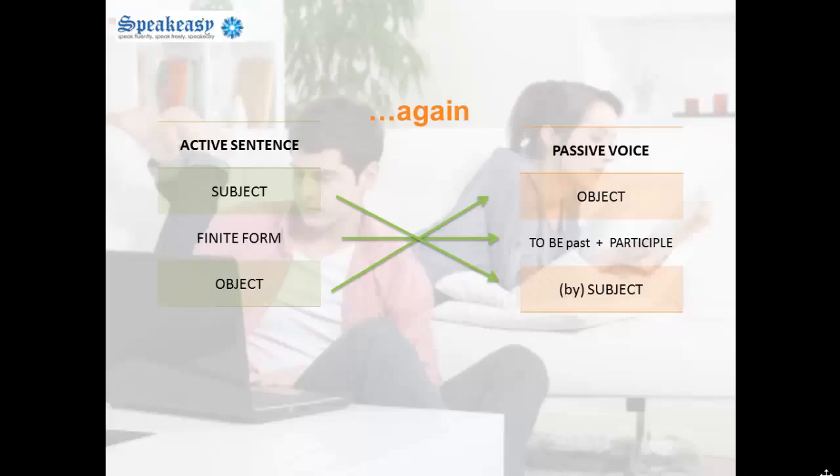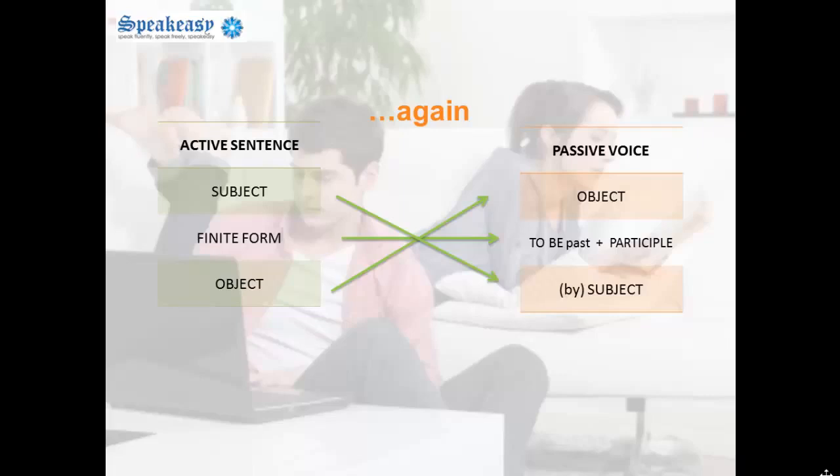Let's take a closer look now at that structure. So here, an active sentence is subject with the finite form of the verb and the object. And the passive voice is with the object, the verb to be plus the past participle, and optionally the subject.